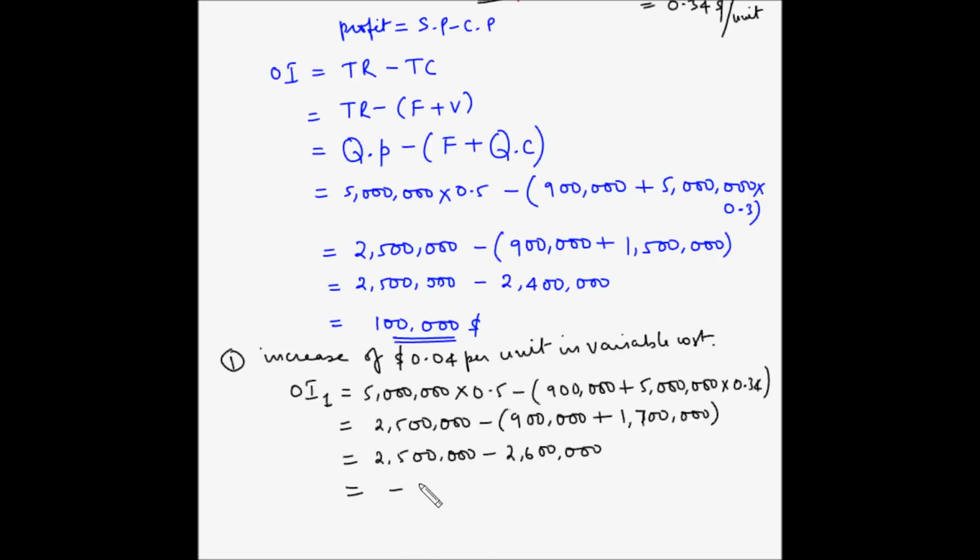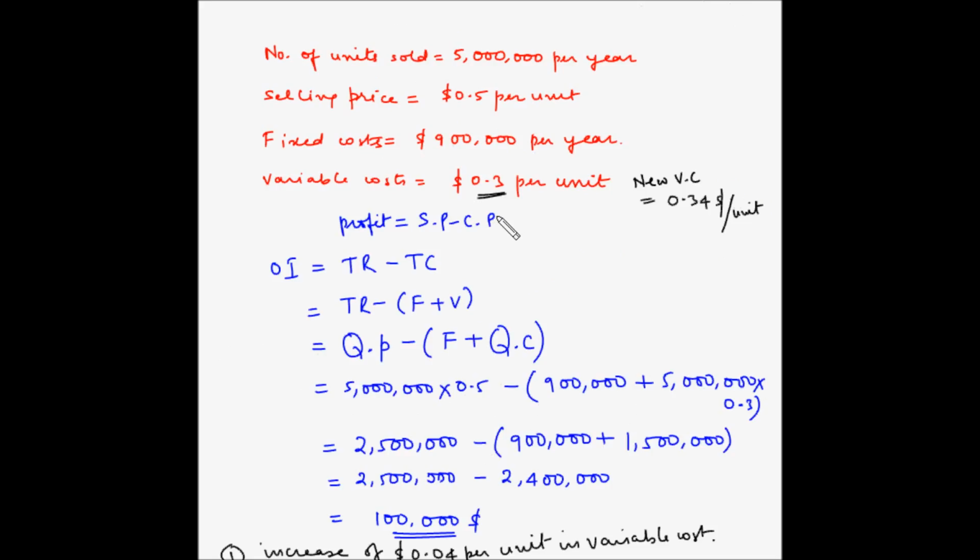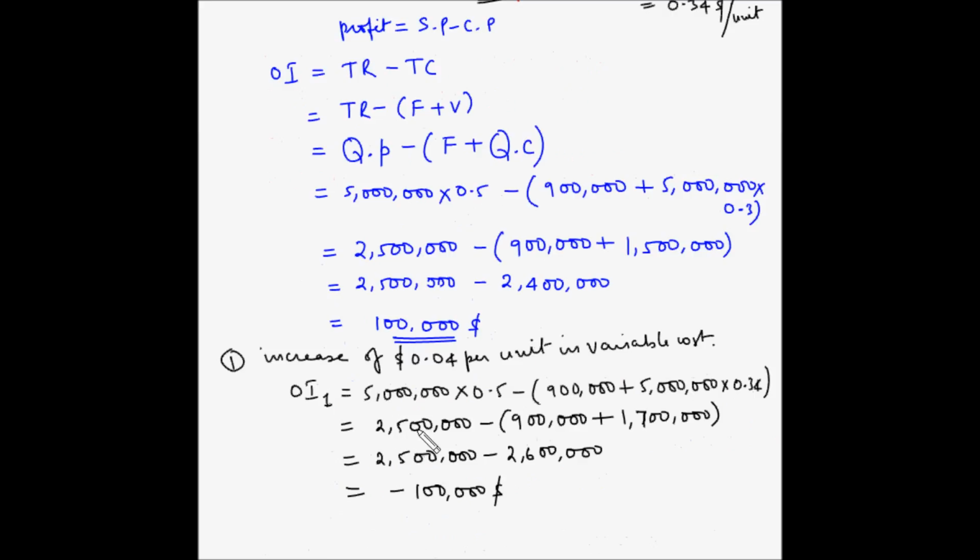So this is equal to minus $100,000. So what this means is that if the variable cost per unit increases by $0.04, then the operating income is minus $100,000, which means that we are going to incur a loss of $100,000. So instead of original profit of $100,000, now we are going to incur a loss of $100,000. That means our operating income has overall reduced by $200,000.